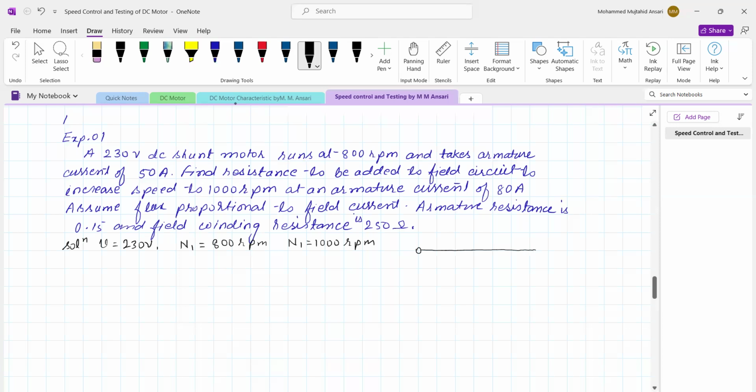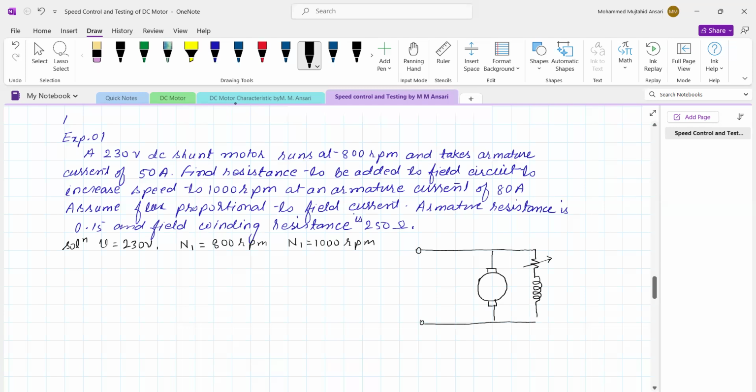So this is the armature. Initially, the speed of motor is 800 RPM. Therefore, to improve the speed from 800 to 1000 RPM, we have to put the resistance in series with the shunt field winding.